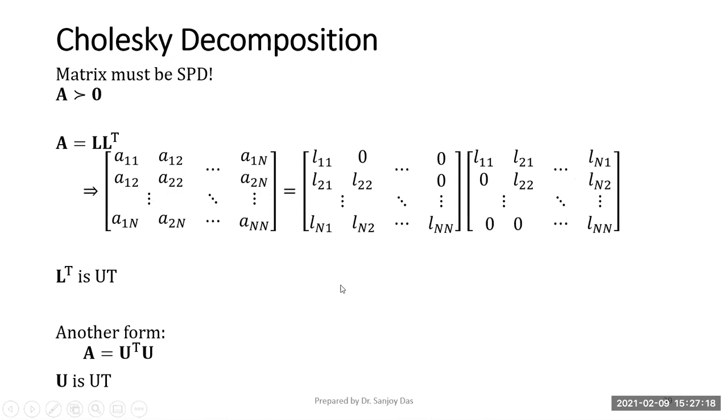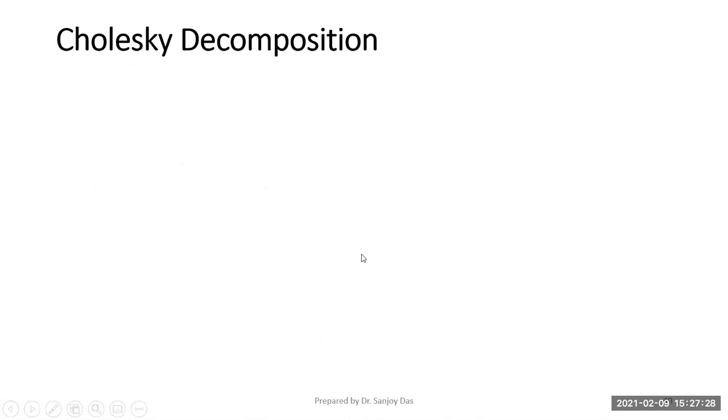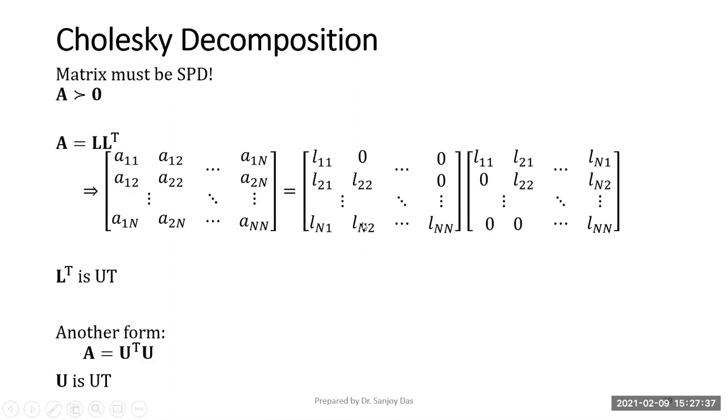So this is what MATLAB actually does. It factorizes A into U transpose U, where U is an upper triangular matrix. Okay, now what are the benefits of Cholesky decomposition? What do you think are the benefits?